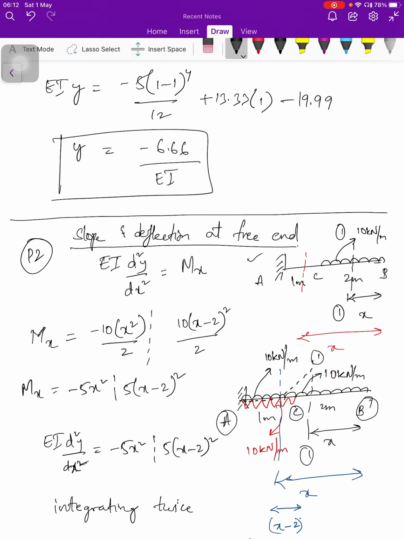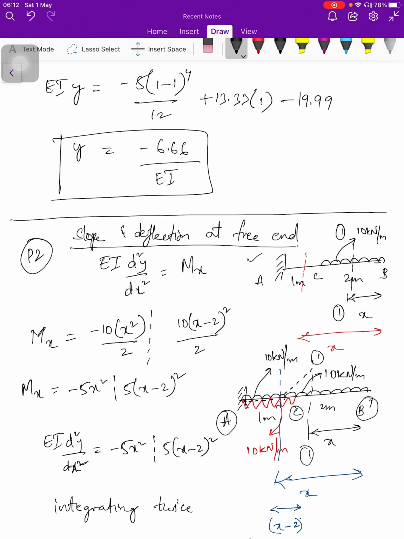So I am adding a UDL in span AC of 10 kN per meter and subtracting the red one, which is the subtracting UDL. It is in opposite sign. So if this 10 kN per meter is vertically downward, the red one will be vertically upward. So the Mx equation will be minus 10 into x square by 2 plus 10 into (x minus 2) whole square by 2.